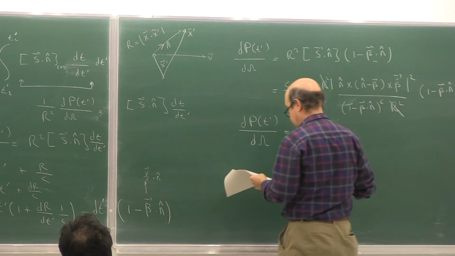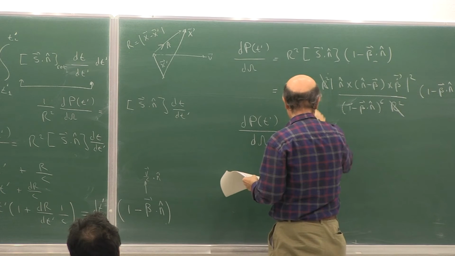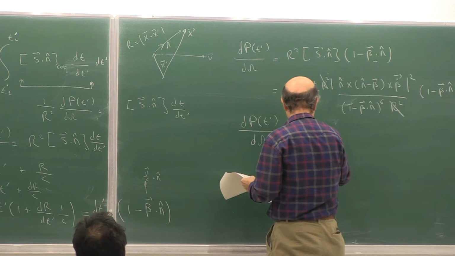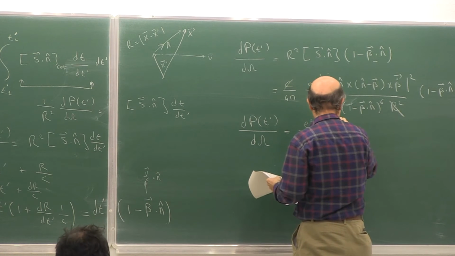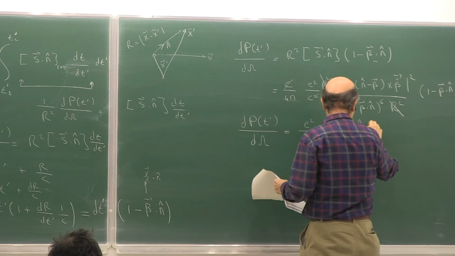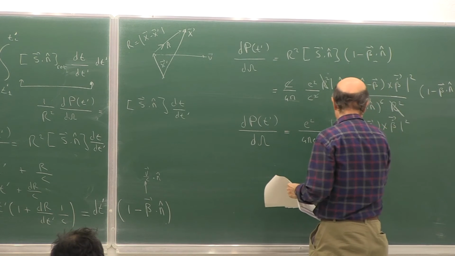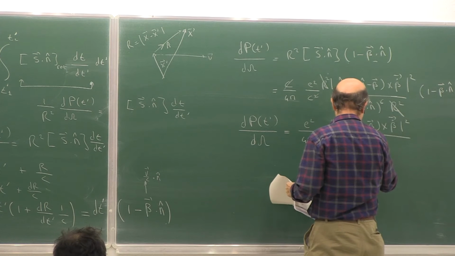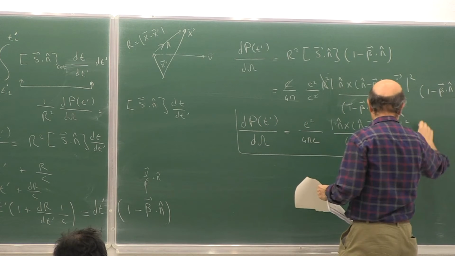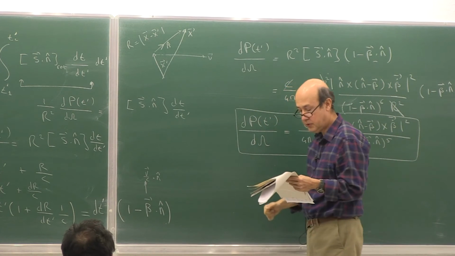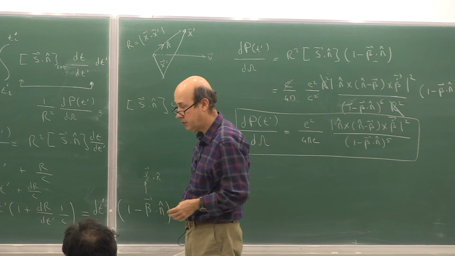This will be decreased by one factor, and we will have what? e squared over 4 pi c, one of the c's will be cancelled, times n cross (n minus beta) cross beta dot squared over (1 minus beta dot n) to the 5th power. So this is the form of the angular distribution of the radiation as a function of solid angle.